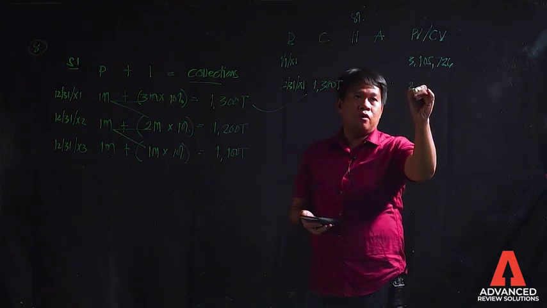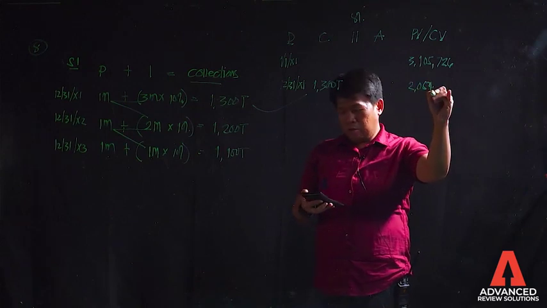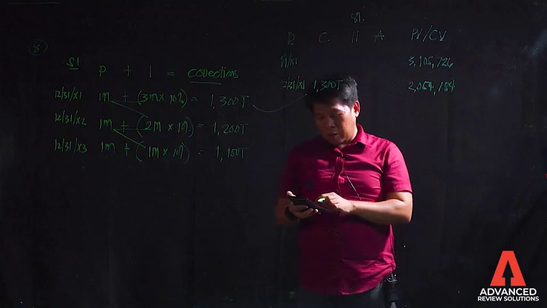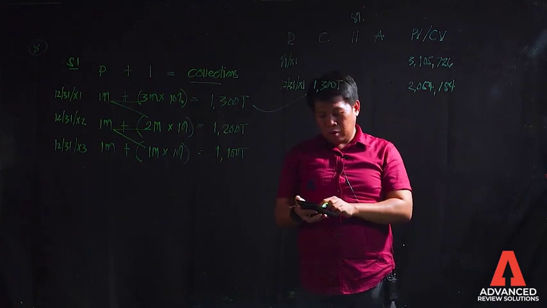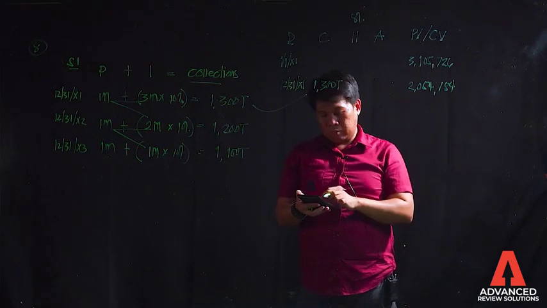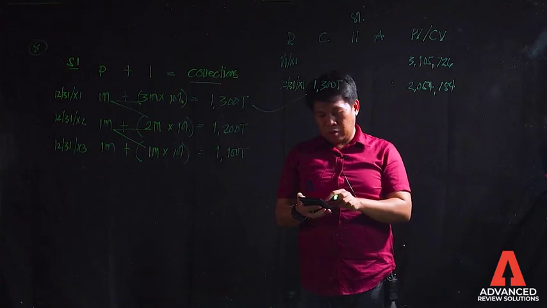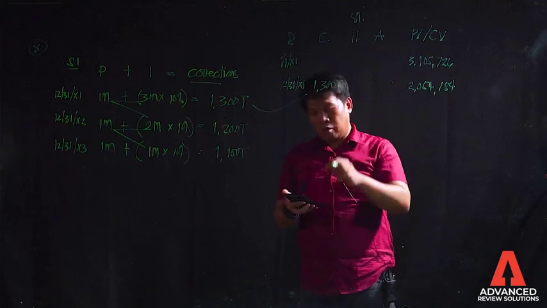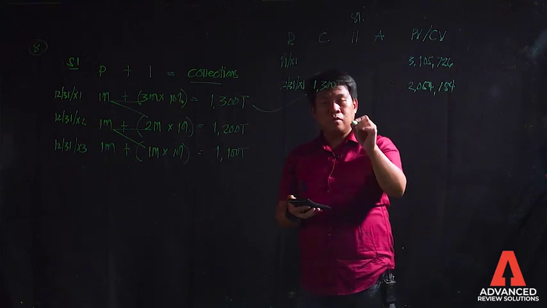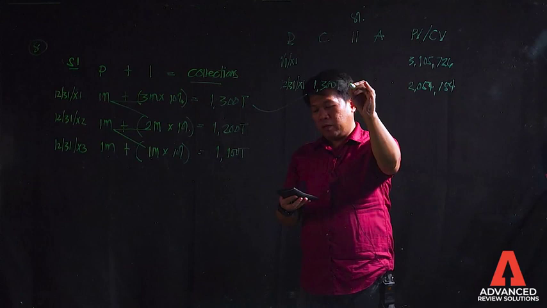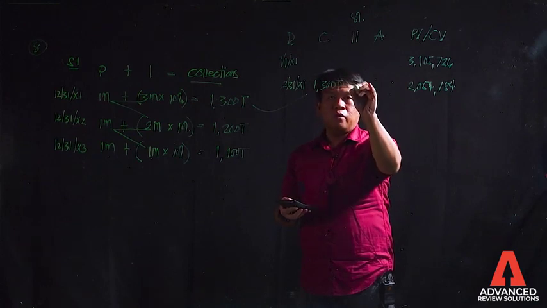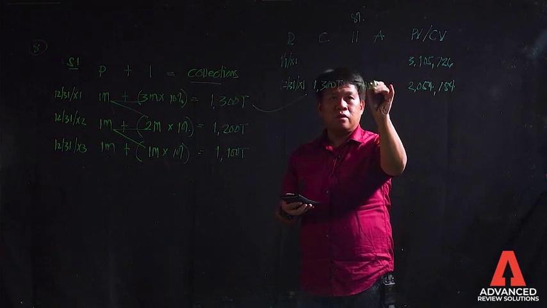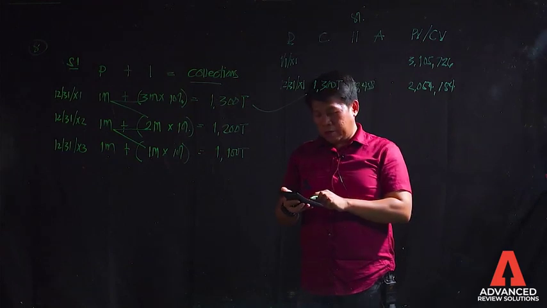2,054,184. So let's complete the table. So this is 3,105,726. Okay? 3,105,726 times effective rate of 8%. So this is 248,458. 248,458 minus 1,300,000.